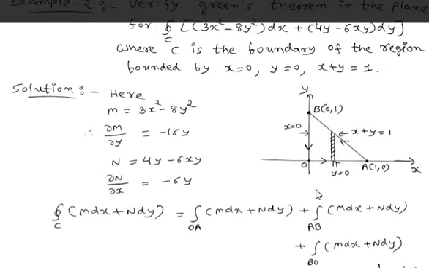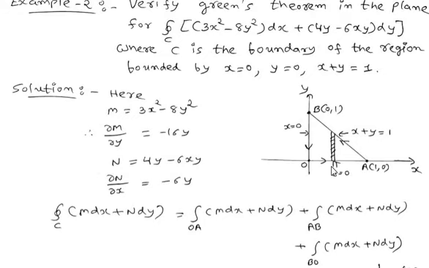Here we have to verify Green's theorem. So for that purpose, we have to find the line integral along this path, along the path OA, then along the path AB, and finally along the path BO. Then we have to add all these three results.